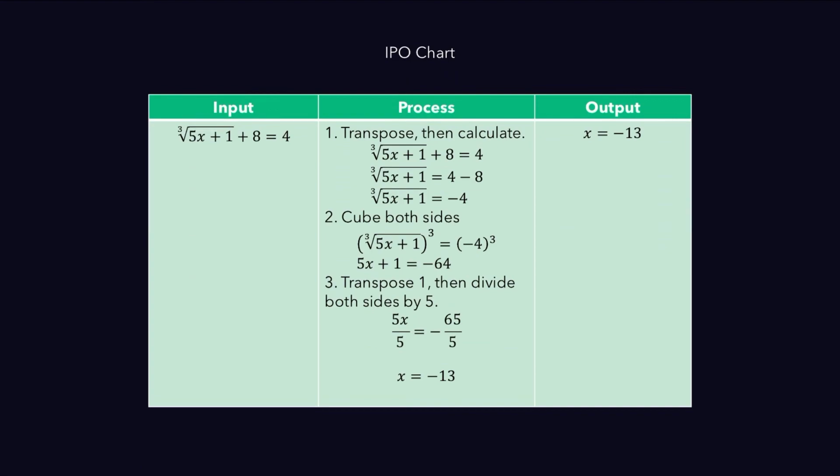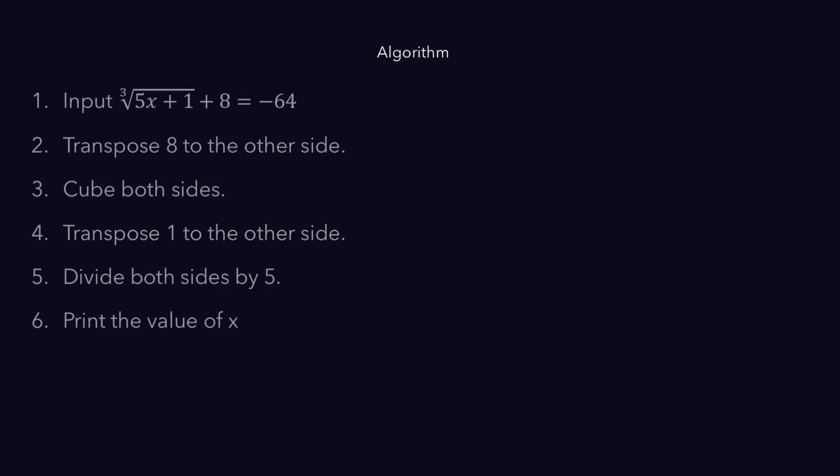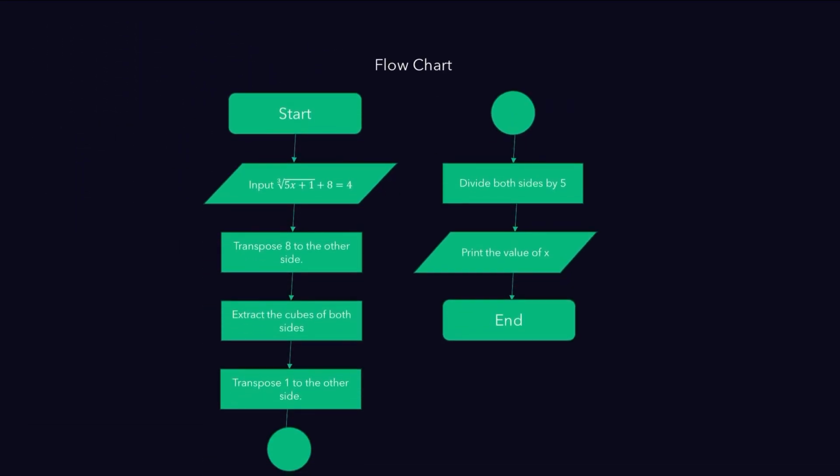Afterwards, we are to cube both sides in order to get rid of the cube root, and then we are to transpose 1. Then divide both sides by 5, and x would be equal to -13. Here, we have our algorithm for number 3, then we have our flowchart.